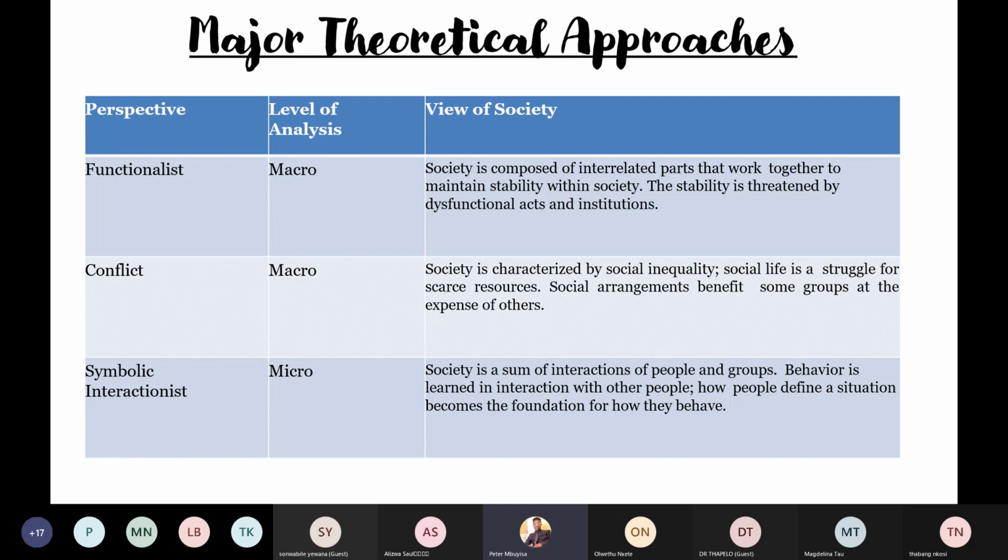And what this says is that behavior is learned in interactions with other people, which means the social patterns that we come across are a result of people interacting with each other.